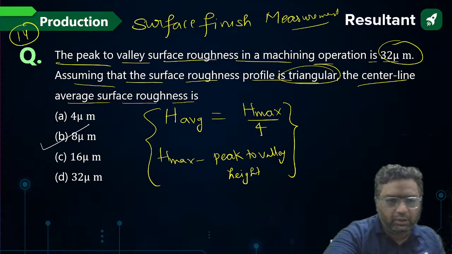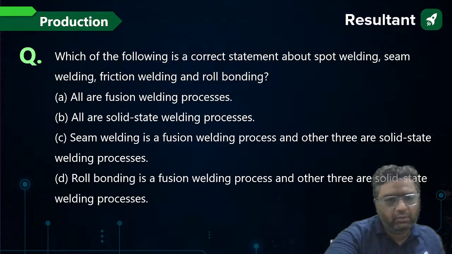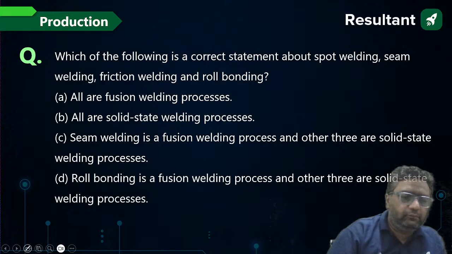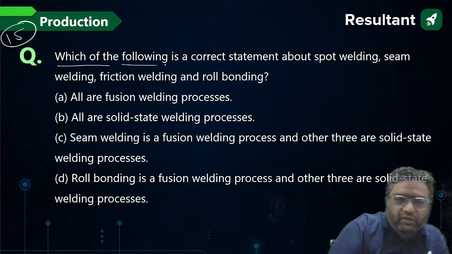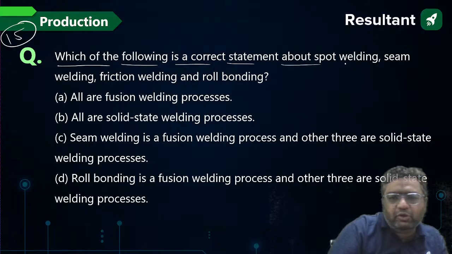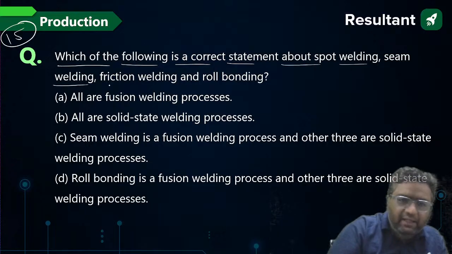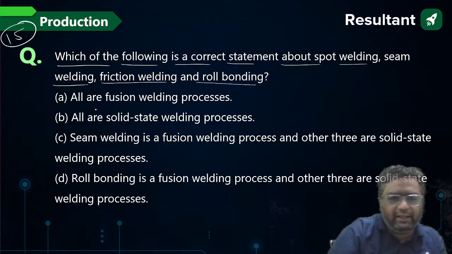Moving to question number 15, guys. 10 questions are still there after this. Which of the following is a correct statement about spot welding, seam welding, friction welding, and roll welding? All are fusion welding processes.